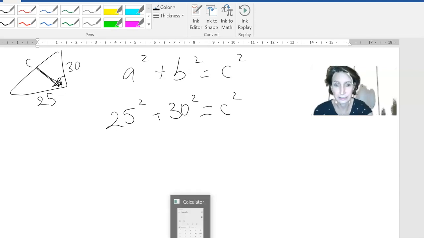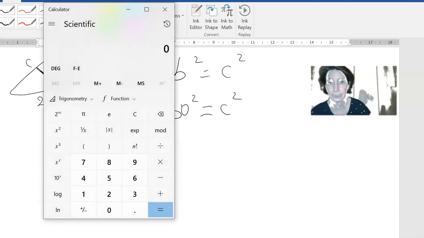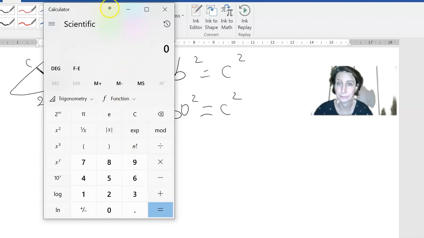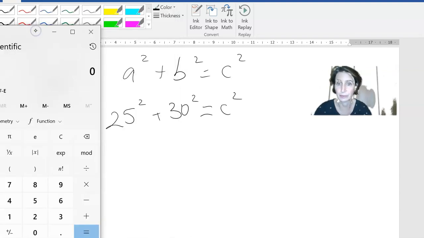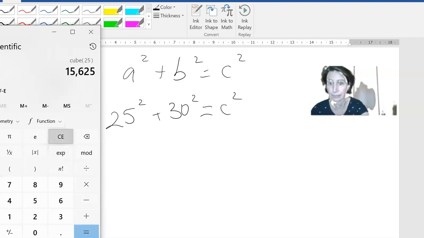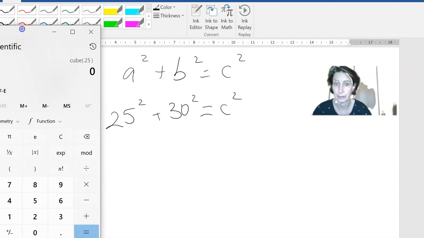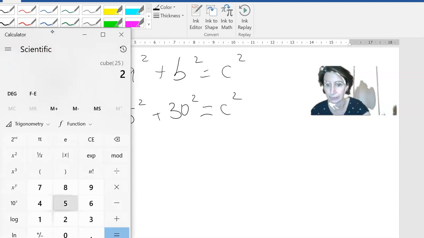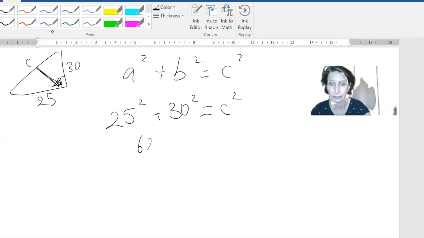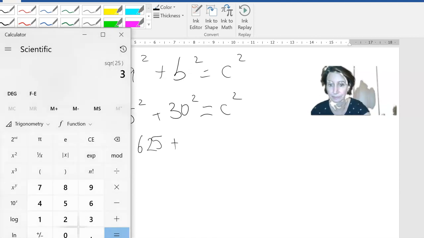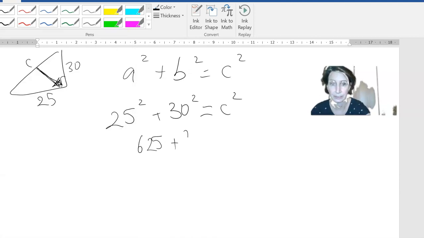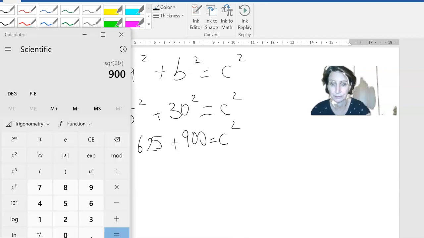Now it's simply a matter of getting out my calculator. I'll move that over so we can see a little bit better. So I've got 25 squared. Hang on, I've hit the wrong button. Move it back again. Okay, 25 squared is 625, plus 30 squared is 900, equals C squared.